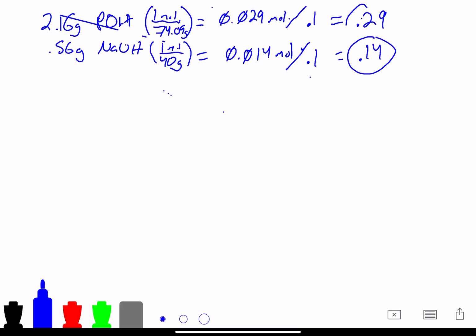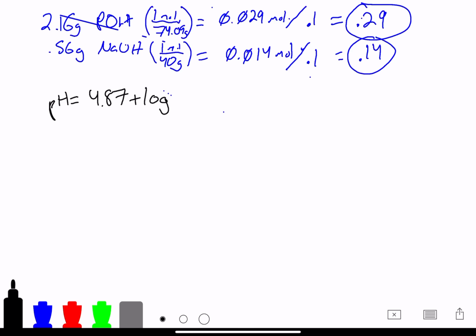These are our new concentrations. Now we're ready to find the pH of the solution. We're given the pKa as 4.87. So the pH is equal to 4.87 plus the log of 0.14 moles of base over 0.29 moles of acid.